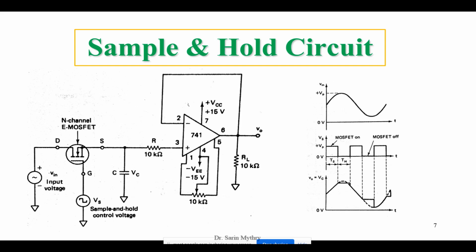Now let us see the applications. Where are sample and hold circuits used? The sample and hold circuit is commonly used in digital interfacing and communications, like A to D converters. A to D converters means analog to digital converters. It can also be used in pulse modulation systems.